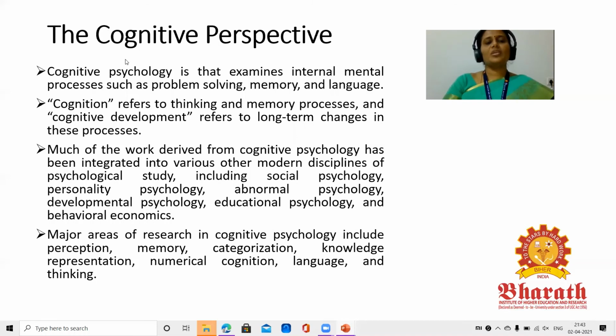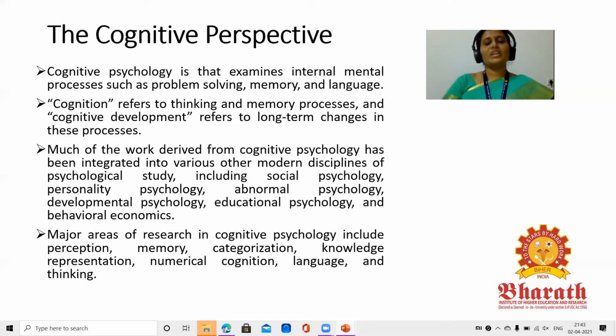Then comes the cognitive perspective. The cognitive perspective examines internal mental processes such as problem-solving skills, memory, and language. We can say it's about intelligence. Cognition refers to thinking and memory processes, and cognitive development refers to long-term changes in these processes.